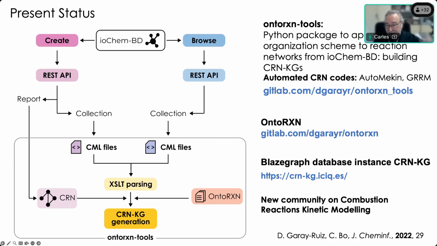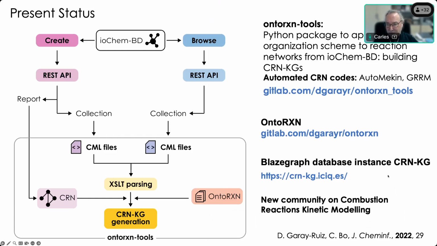We set up a test server with a database instance with our knowledge graph that can be found in this URL. And recently we are having discussions with a community of chemical modelers.